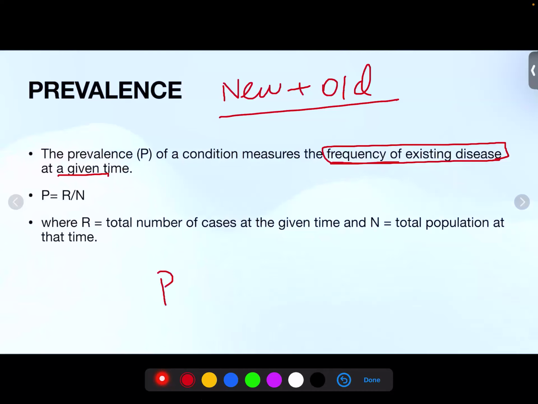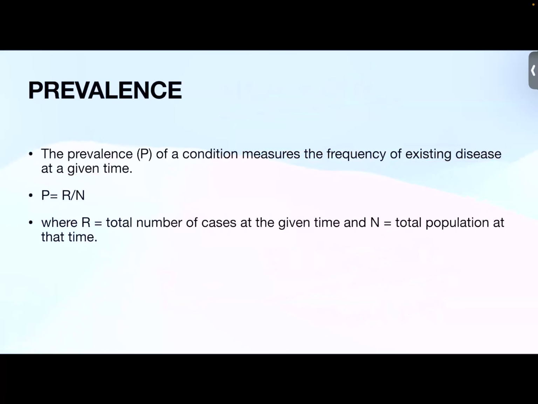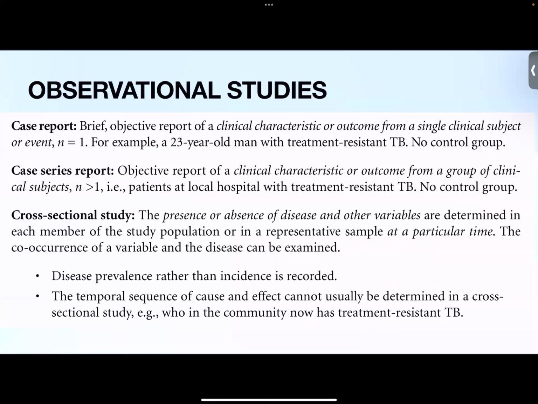In this formula, it is the total number of cases of that disease divided by the total population. So this is the incidence and prevalence, a brief difference between these two.